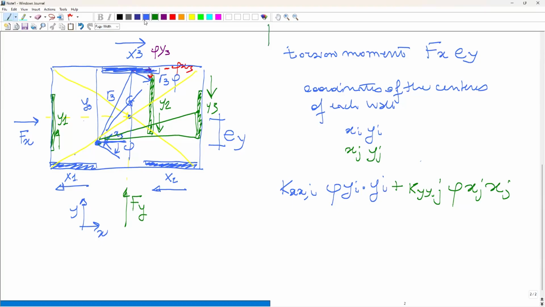So the sum of all these forces in i from 1 to n, sorry, and the sum of all these forces in j from 1 to m must equilibrate the external moment.